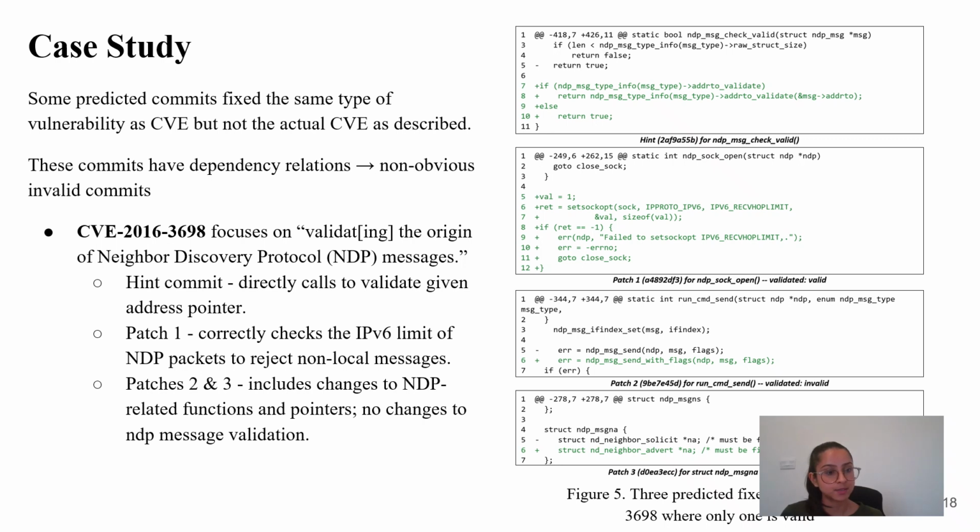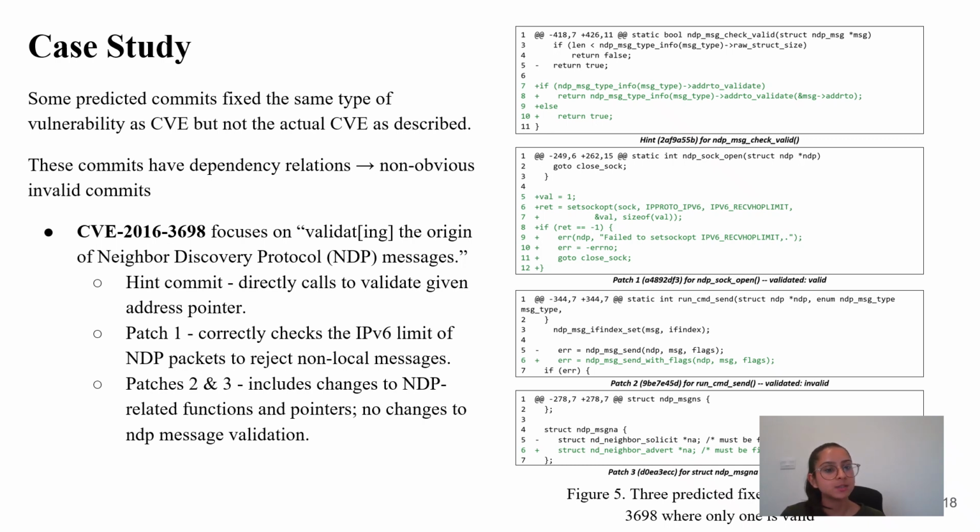Here is a case where that occurs, where patch 1 is the only patch that actually addresses the validation of the origin of NDP messages as the CVE here is described, because it correctly checks the IPv6 limit of NDP packets to reject non-local messages. So it has that criteria that validates those NDP messages, so it should belong to the CVE commits, and our implementation does mark it as valid.